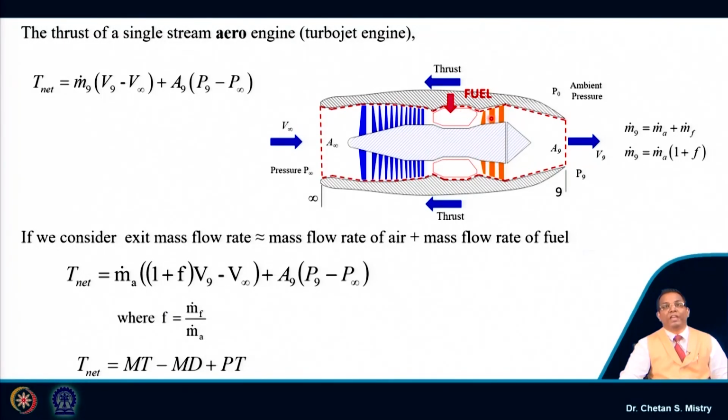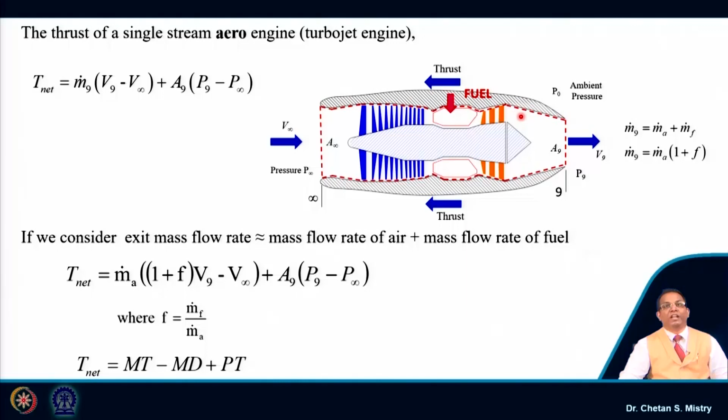That is what will be striking on my turbine, and this turbine will be rotating. That rotation of the turbine will be rotating my compressor. Now, after passing through a number of stages of the turbine, there is a reduction of pressure, because we know the process happening inside the turbine is defined as an expansion process.